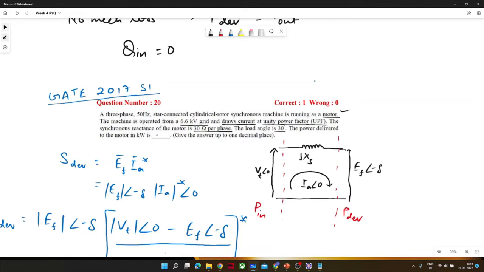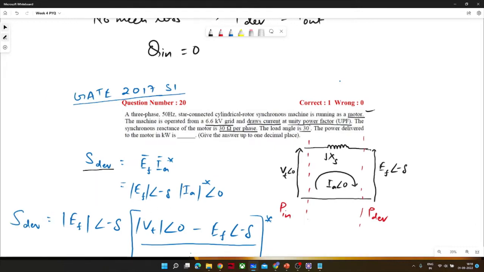We discussed in the last session that if we have to calculate any power, we should first go with apparent power. If we know apparent power, we can calculate any power, either real or reactive. So I went ahead with the formula EF IA conjugate. EF is lagging by the load angle, delta, and the angle of IA is zero, because unity power factor is given in the problem.